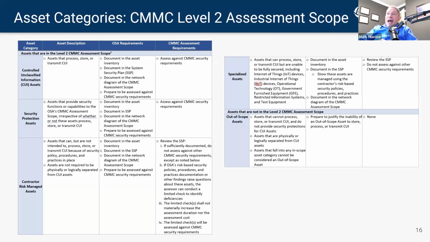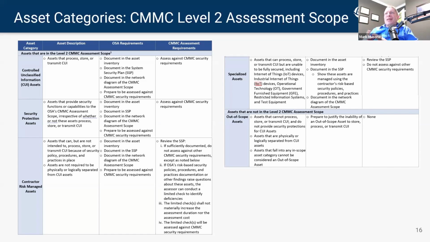Then as long as they are documented sufficiently, they won't be assessed. To be crystal clear, they are still in scope, but they are not assessed. This is where some people get confused, because they think anything in scope for a Level 2 assessment is going to be assessed. No, you very well may have something like a contractor risk managed asset that is in scope, but not assessed.